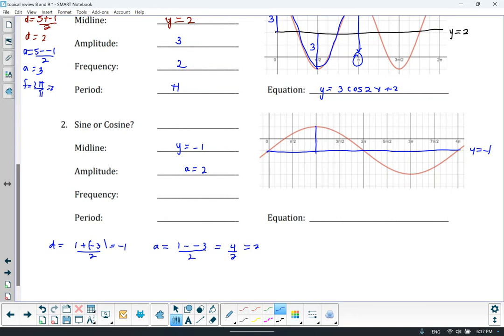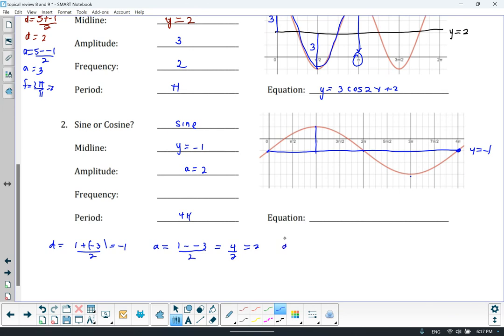Since the graph at 0 radians is starting at the midline, it is a sine curve. We see the end of that curve. Notice it's midline, max, midline, min, midline. So when do you see that full end? At 4 pi. So that's where my period is.